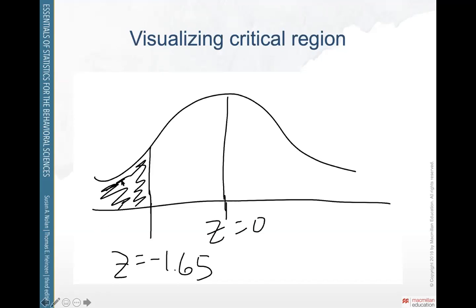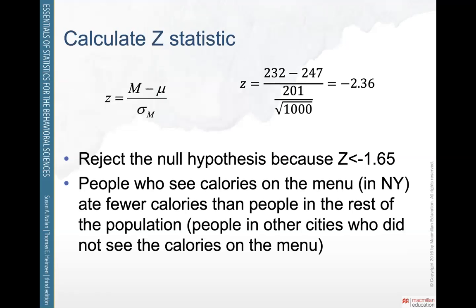What we would conclude is that knowing the amount of calories on the menu has a significant effect such that it reduces the amount of calories that people consume. People who see calories on the menu in New York ate significantly fewer calories than the rest of the population, people in other cities who did not know the amount of calories on the menu.